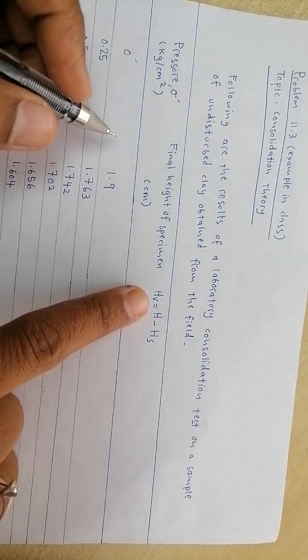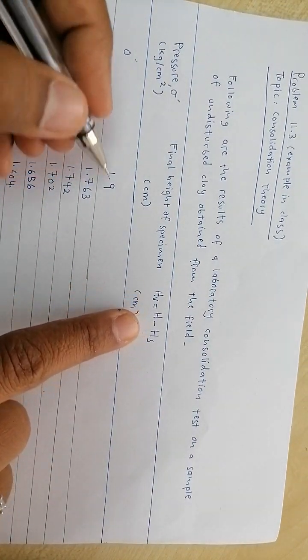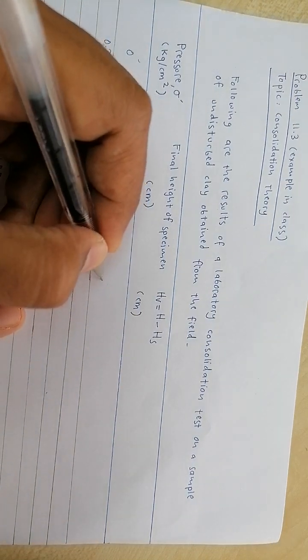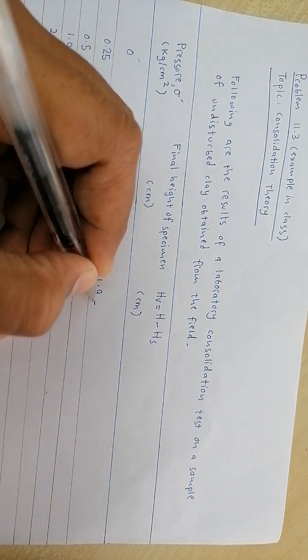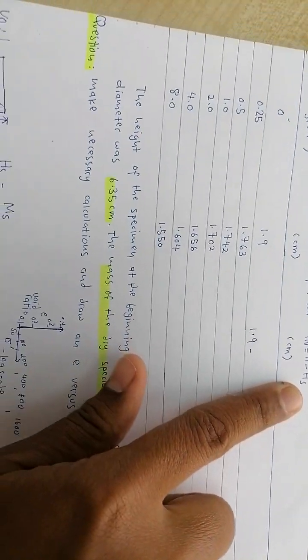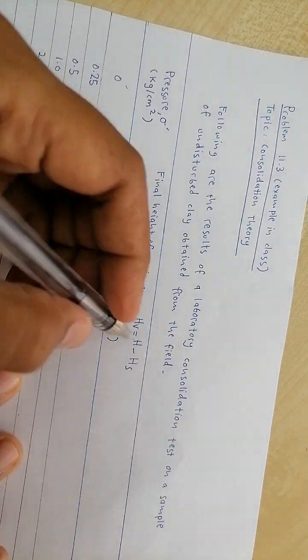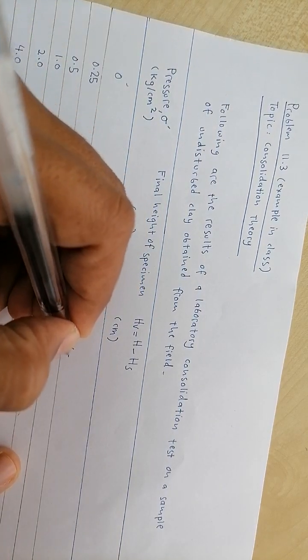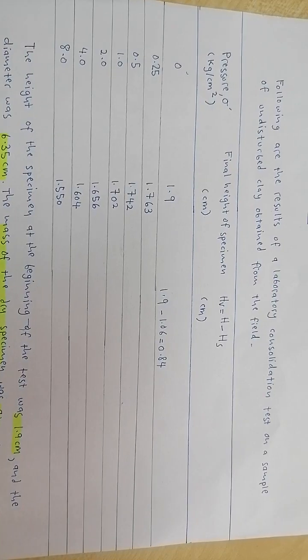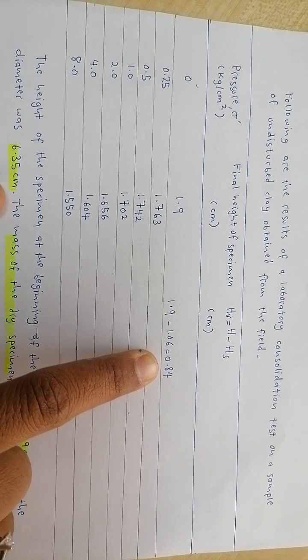I'll show you the first example. To calculate Hv equals H, which is 1.9, minus Hs, the constant one, which is 1.06, equals 0.84.